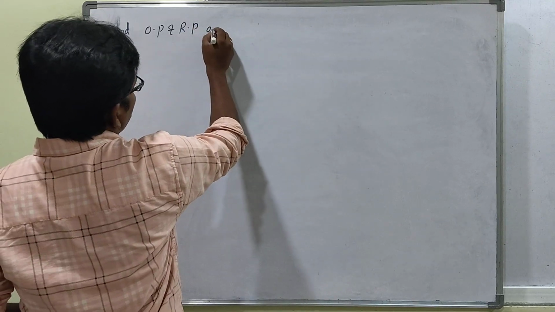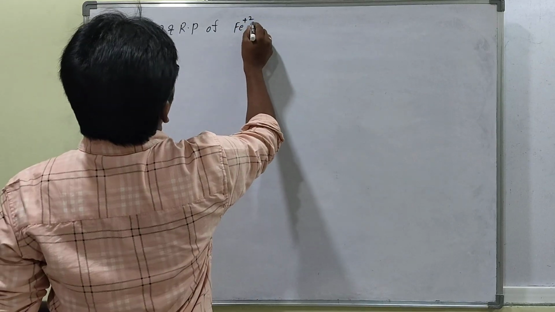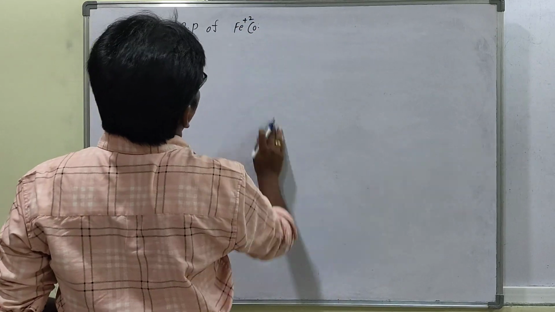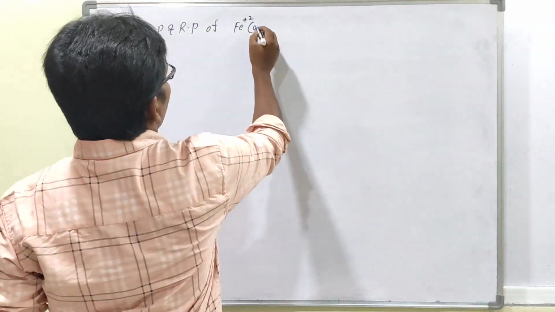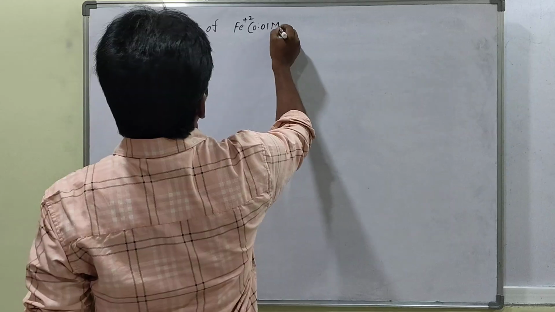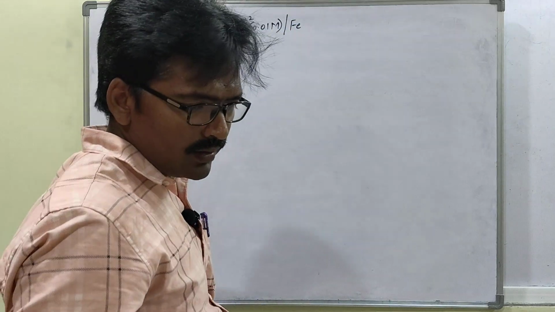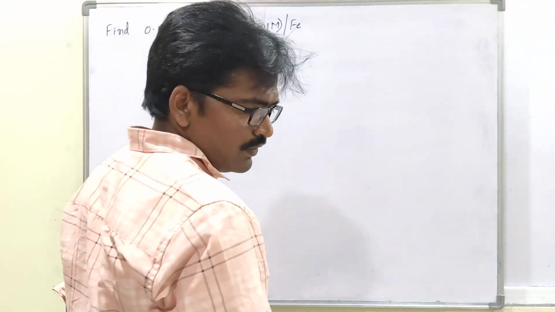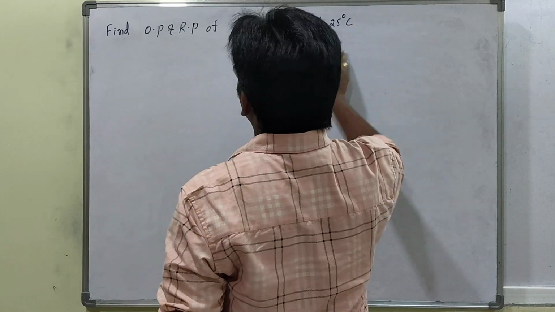Find the oxidation potential and reduction potential of Fe plus 2 at 0.01 molarity, Fe, this is the cell, at 25 degrees Celsius. They are asking this question.